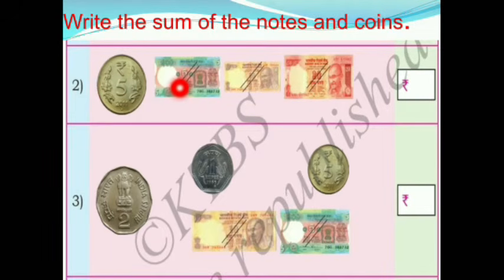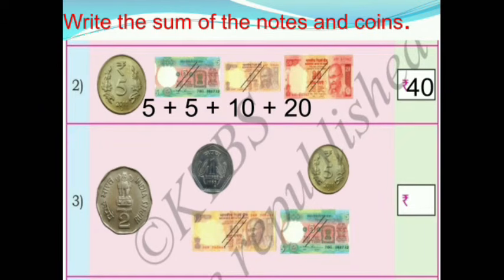Next we have a 5 rupee note. 5 plus 5, 10. Next we have a 10 rupee note. 10 plus 10, 20. Next we have a 20 rupee note. 20 plus 20, 40. Therefore, 5 plus 5 plus 10 plus 20 is equal to 40.